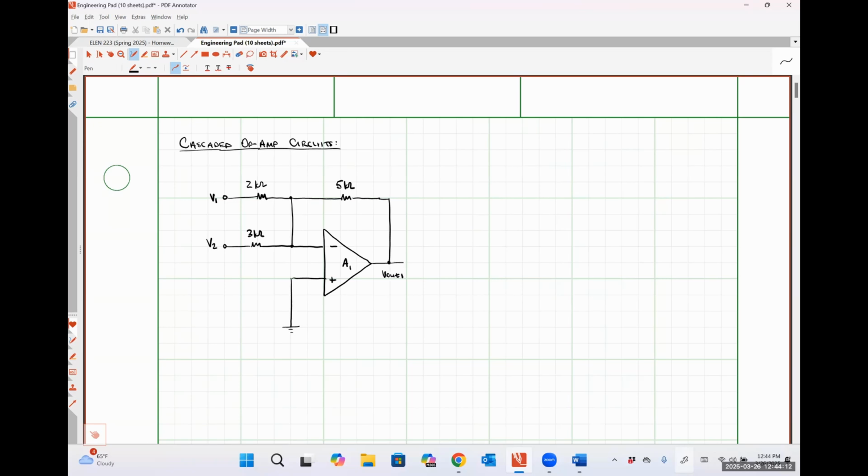I'm going to connect another resistor. So this will be a 4 kilo ohm resistor. And now I'm going to have my second op-amp A2 here.